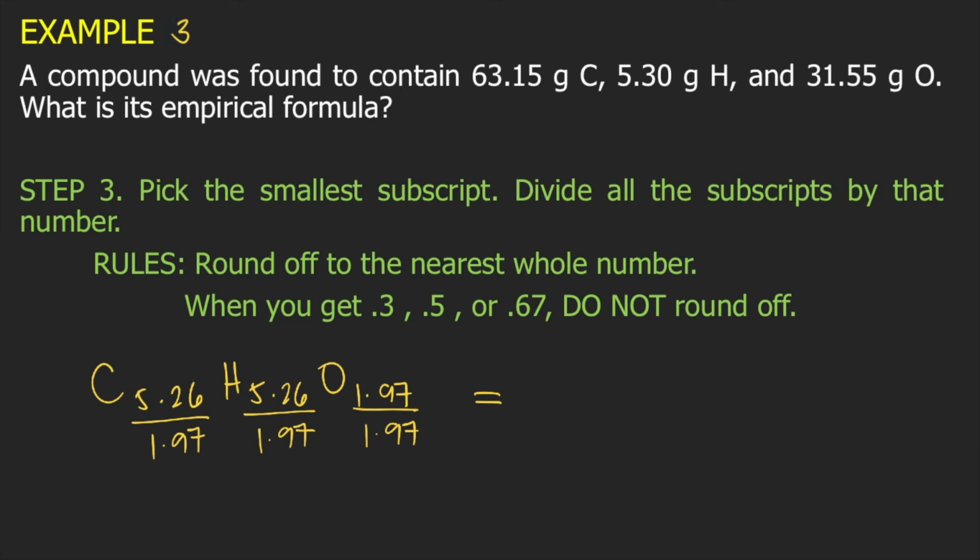5.26 divided by 1.97 is equal to 2.67. The rule is when you get a 0.67, you do not round it off. So that's C 2.67. For H, it's the same, also 2.67. And for O, that's 1.